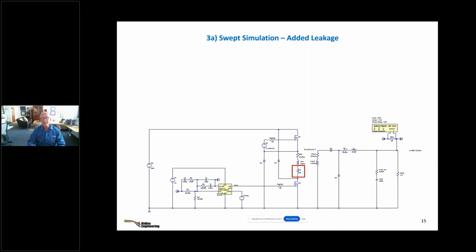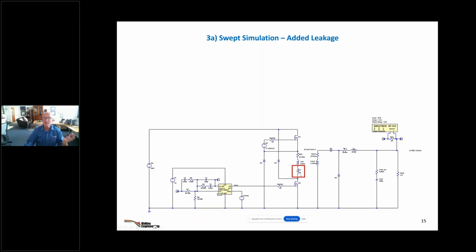What I did in this circuit is I said, okay, well, let's put in the leakage inductance of the transformer. This is only 2 microhenries compared to 20 microhenries here. That's going to get reflected up a little bit in here. So I'm only adding about a 10% increment by putting the leakage in here.